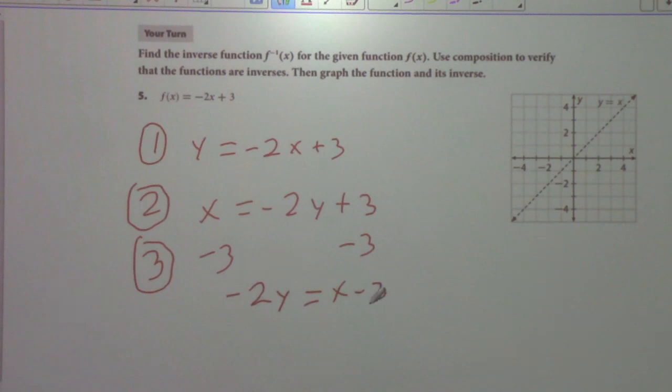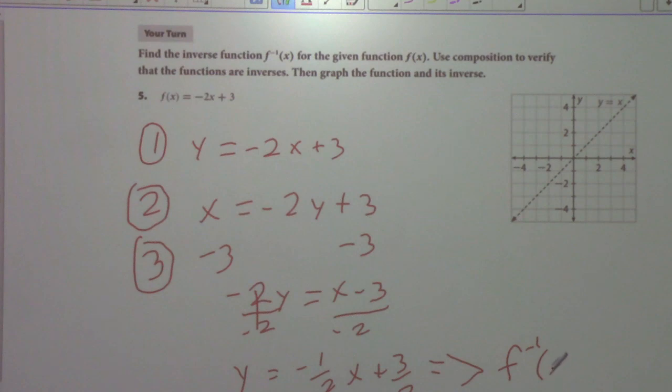Then what? Divide by negative 2. So we get y is equal to negative 1/2 x plus 3 over 2. And then finally step 4, which is f negative 1 of x equals negative 1/2 x plus 3/2, right? And so that's the 4-step process.